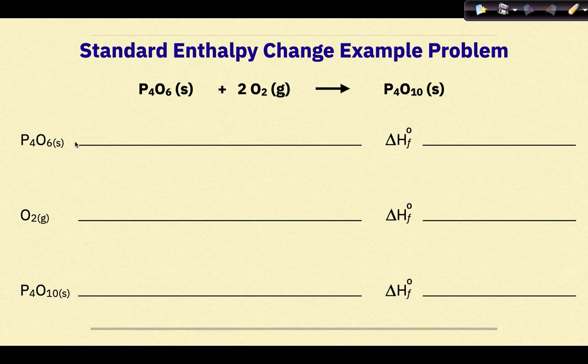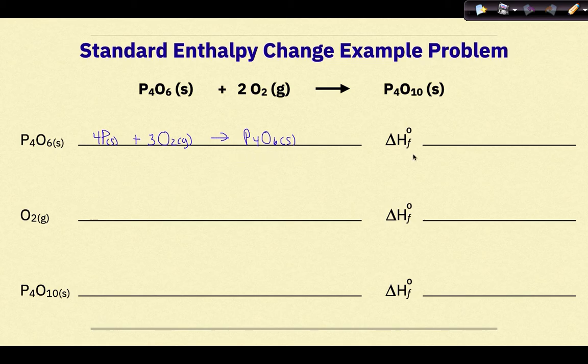So let's start out by writing the heat of formation reaction for P4O6 solid. So we're going to have phosphorus as a solid plus oxygen as a gas in its standard state, and give us P4O6 as a solid. So I need a 4 here and I need a 3 in front of the O2, and I have a standard state there.